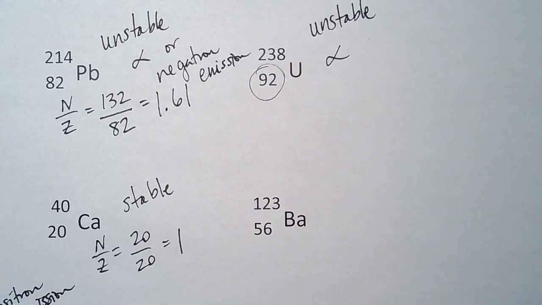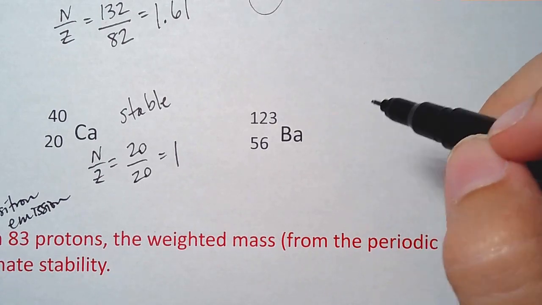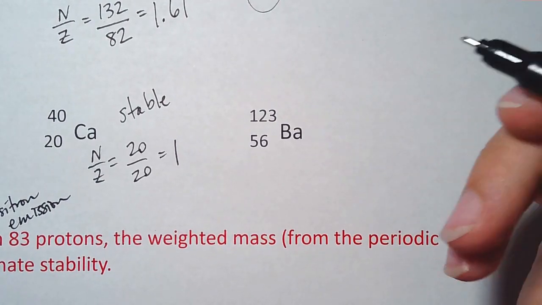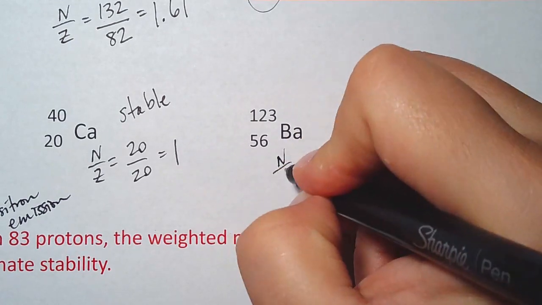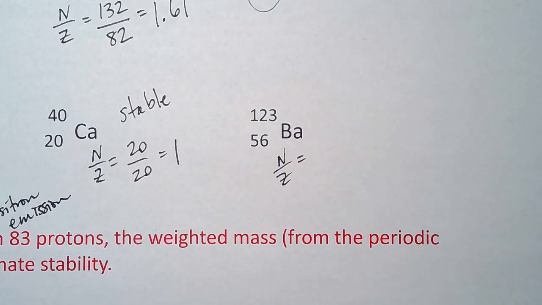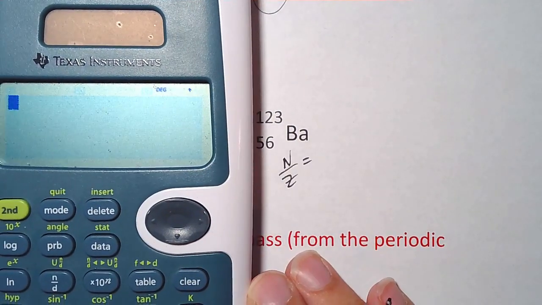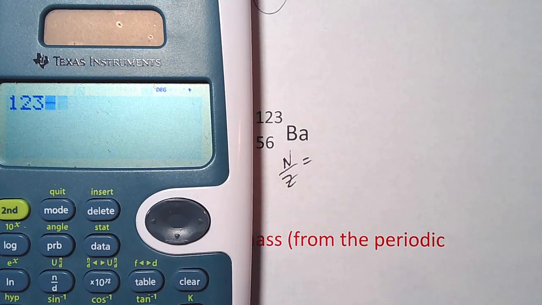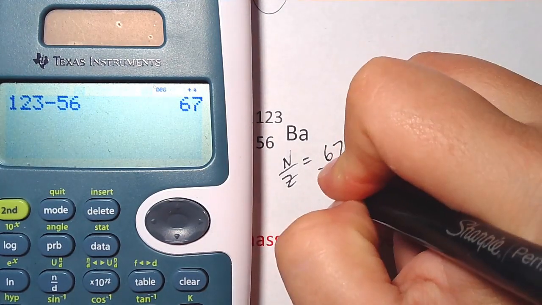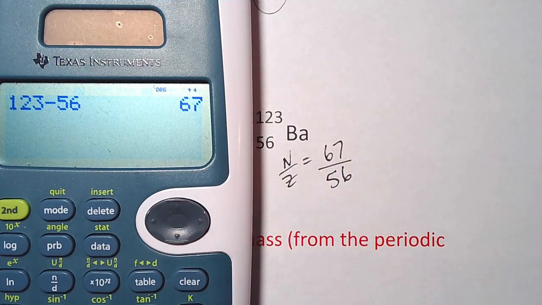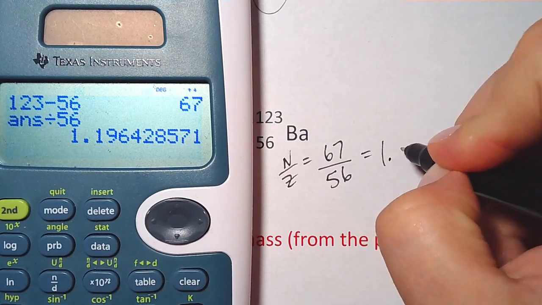Alright, our last example, barium-123. So not larger than bismuth. We need to know the NZ ratio. So let's look at how many neutrons we have. 123 minus 56. So 67 neutrons, 56 protons. So this is 1.2 for our ratio.